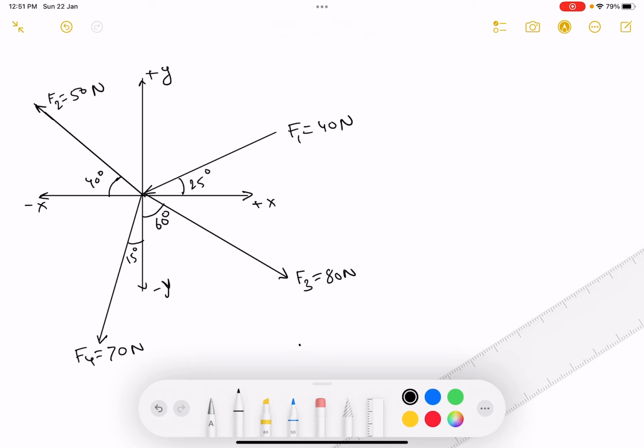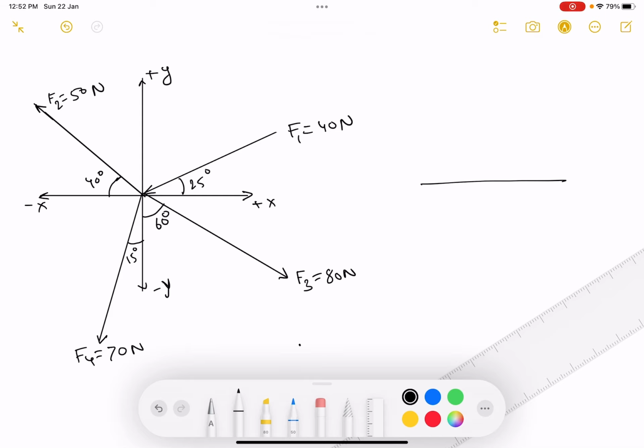Now, the first point you should always remember is that we are going to consider only the angle which the force makes with the x-axis, and in that, the smaller angle. For example, look at this.